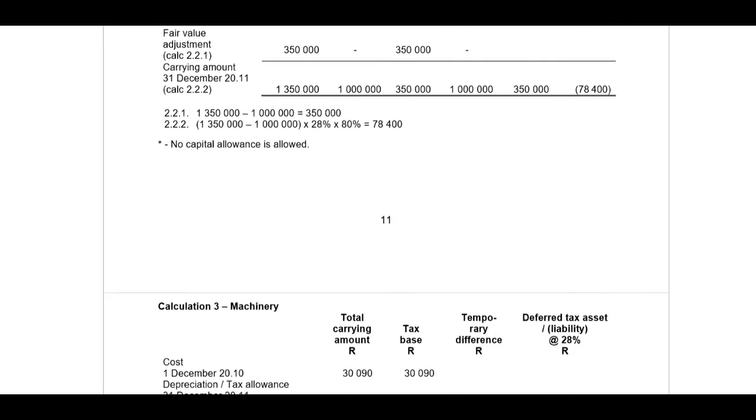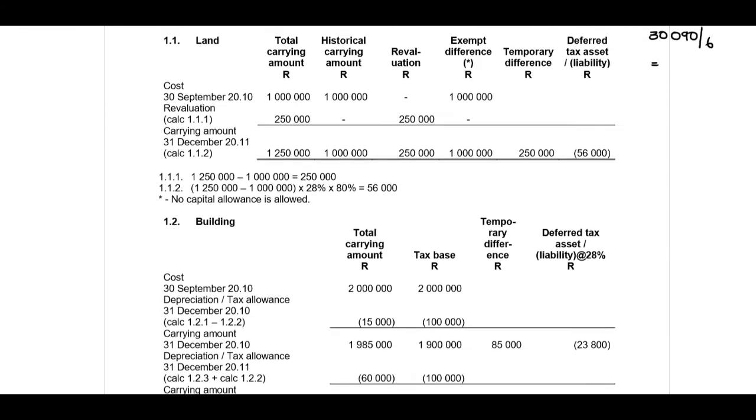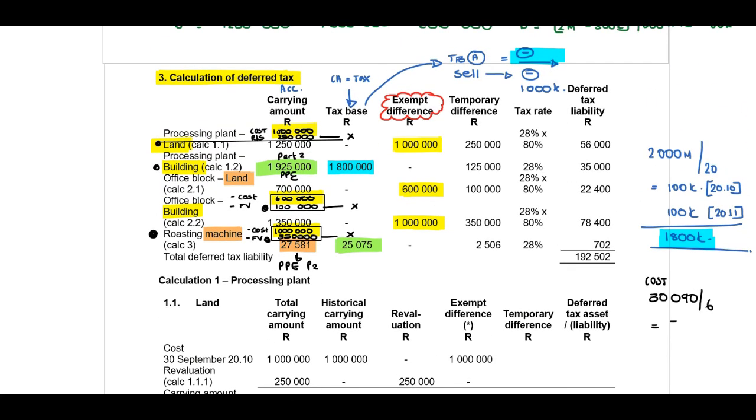It is provided to us, 5015. Therefore, my tax base will be 30090 minus 5015, and our tax base is 25075. Right, 25075.